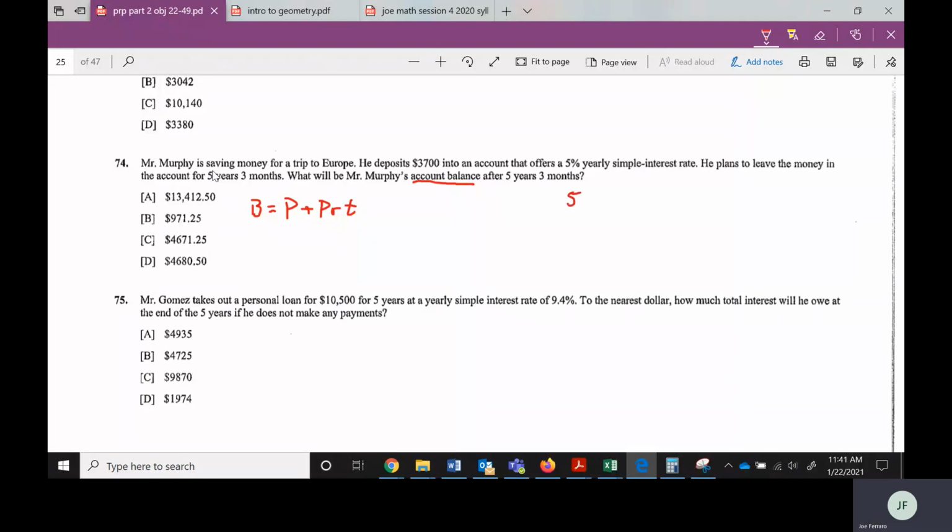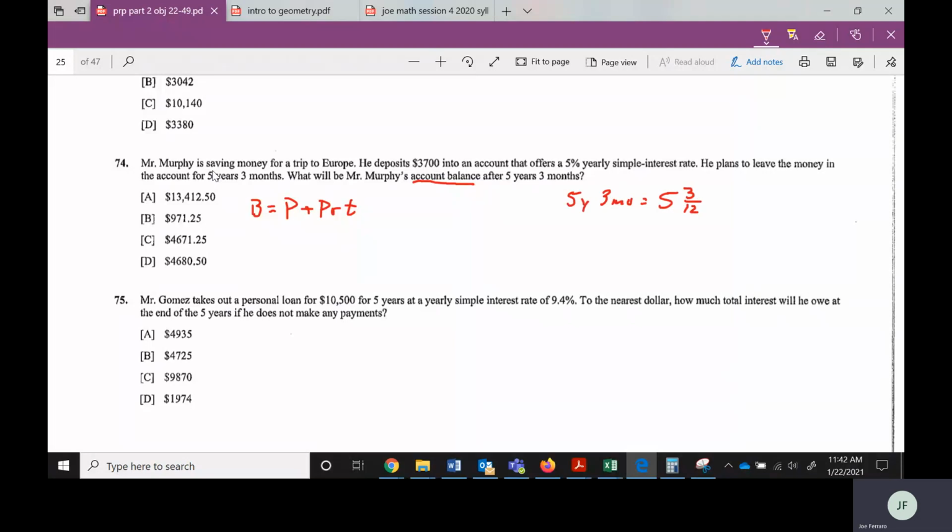So if we have 5 years, 3 months, that means we're going to have 5 for the whole number of years, and we have 3/12 of a year. Okay, so then change the 3/12 to a decimal. 3 divided by 12 is 0.25.